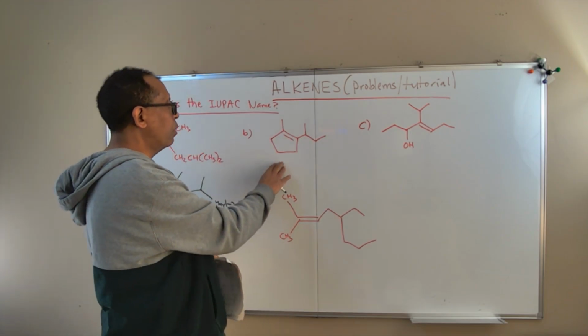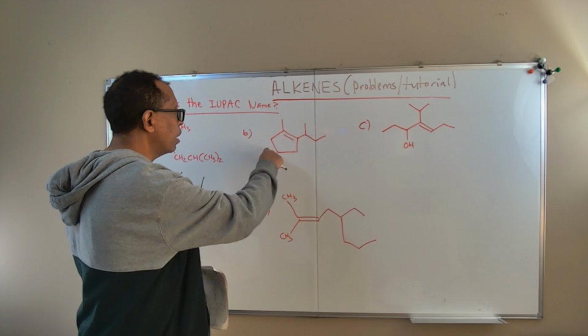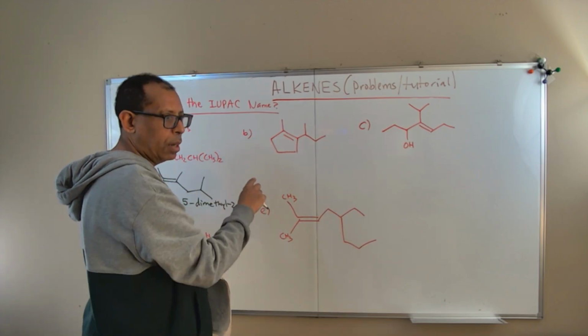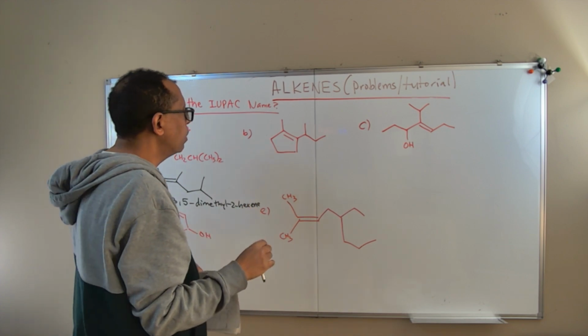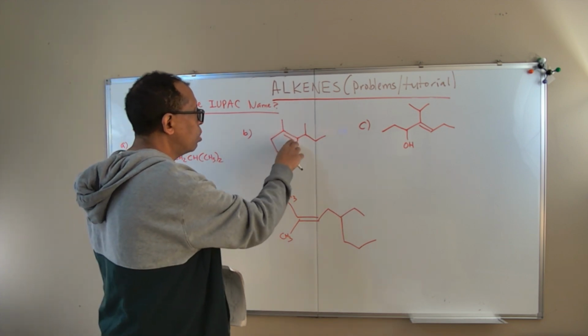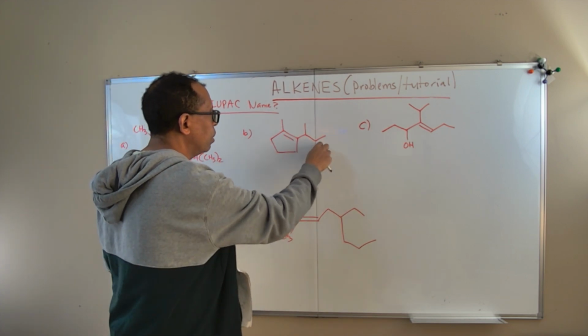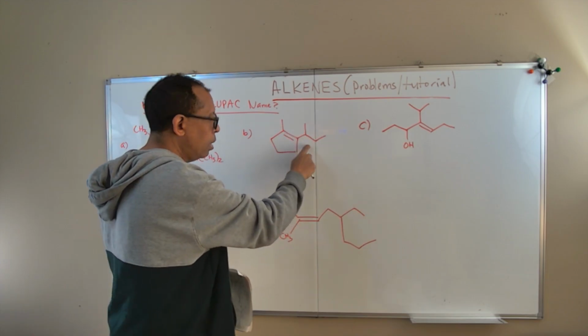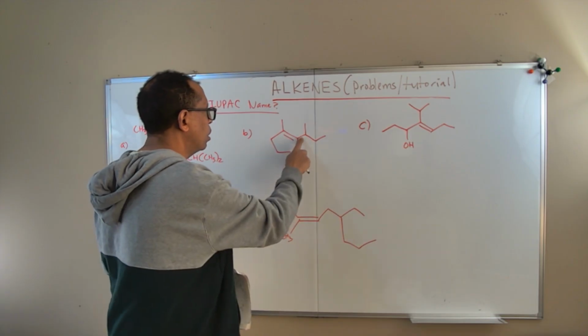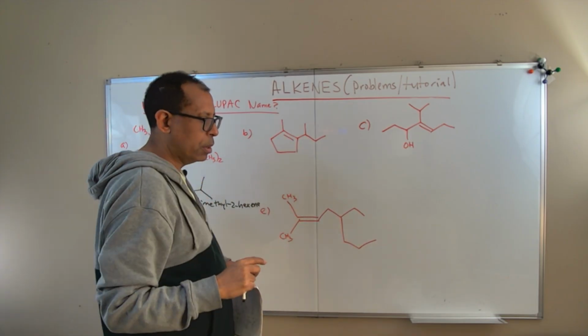Okay, let's move on to this one. This is a cyclopentene compound. Because it is an alkene, it is a cyclopentene. In the substitution, you have sec-butyl, 1, 2, 3, 4. This is a sec-butyl group at the 1 position. At the 2 position, you have a methyl.